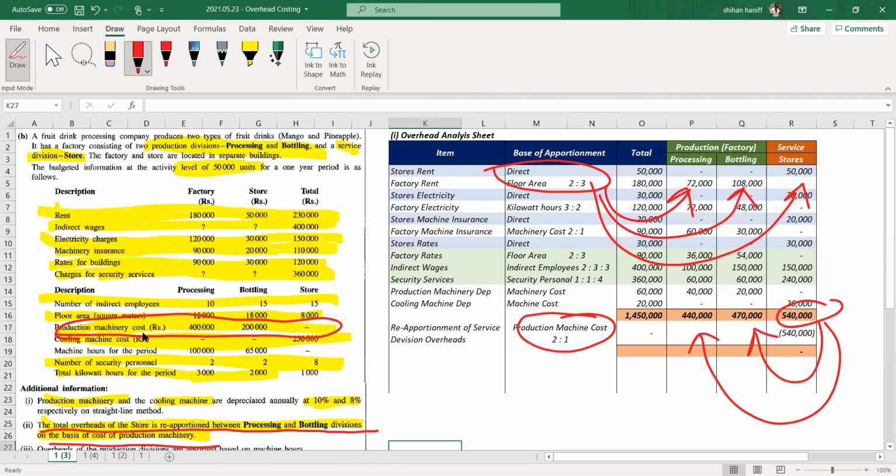400 is to 200, which means 2:1. 4:2 and 2:1. Then let's calculate the total.